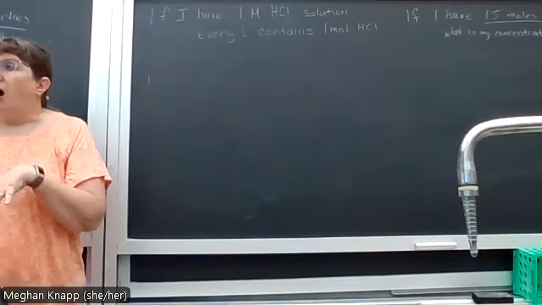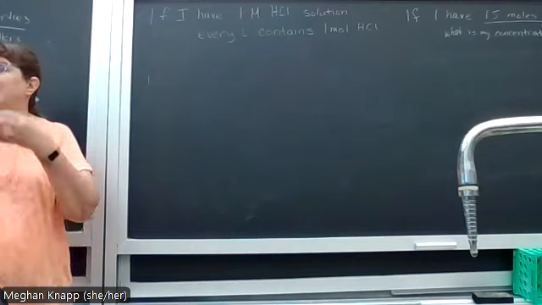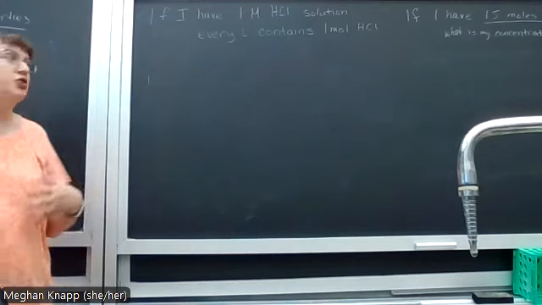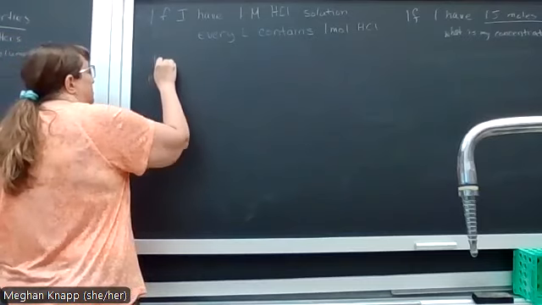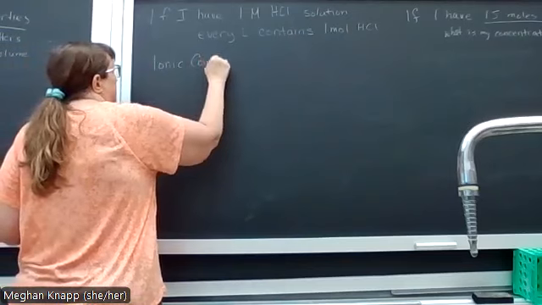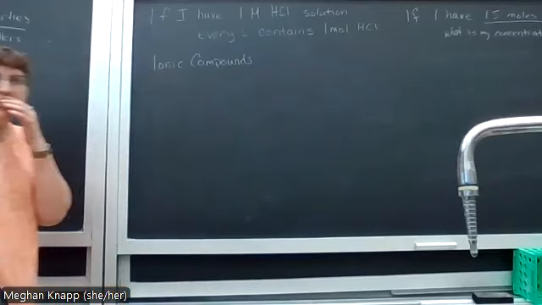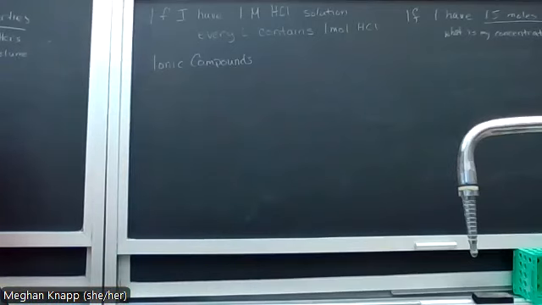Now we do have to be cautious for ionic compounds, because an ionic compound tends to separate in solution. And I will say that usually, almost all the time in general chemistry, our solvent is going to be water.